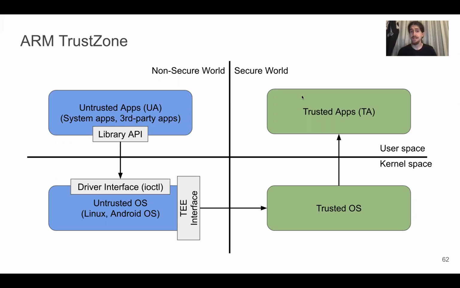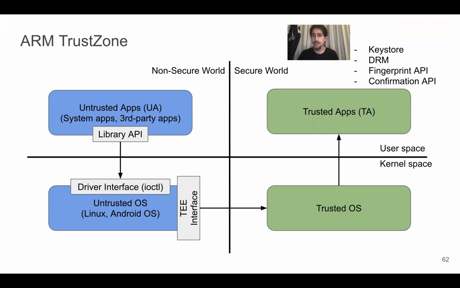And what I discussed last time is that in your apps, there are some APIs that expose functionalities implemented in the secure world by trusted apps. And I have a number of them here. You can see them. You have the keystore, DRM, fingerprint, and confirmation API.